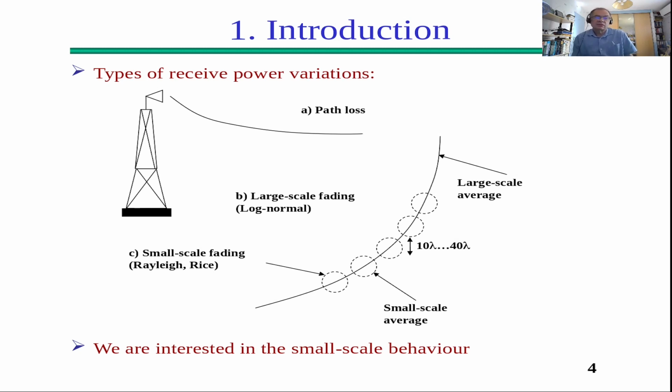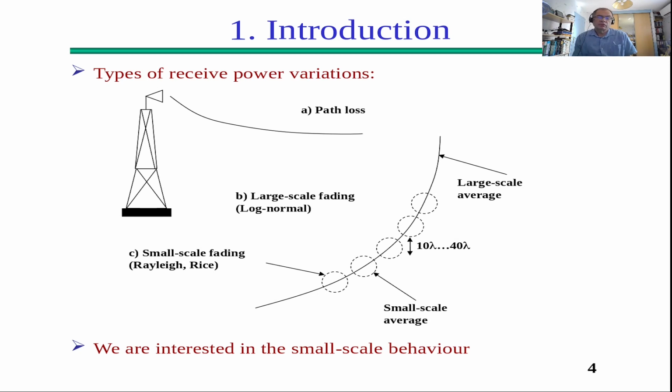Then the largest scale is simply the path loss, which represents the attenuation of the propagation wave with distance, and the attenuation is proportional to the square of the distance between the transmitter and the receiver.